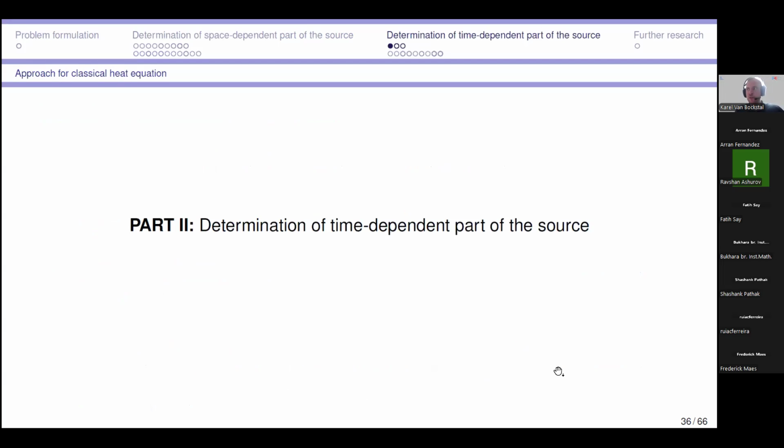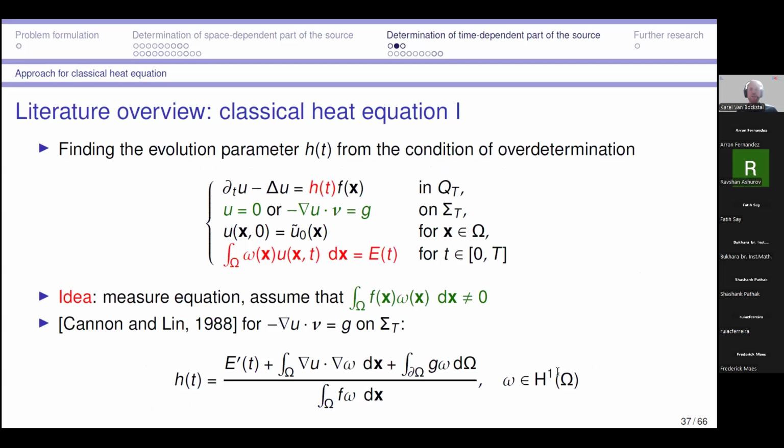Okay, now I will go to part 2 of the presentation, the reconstruction of the time-dependent part of the source. So first, for the diffusion equation, the task is to find h of t based on a condition of over-determination. It considers the weight function omega inside the measurement.